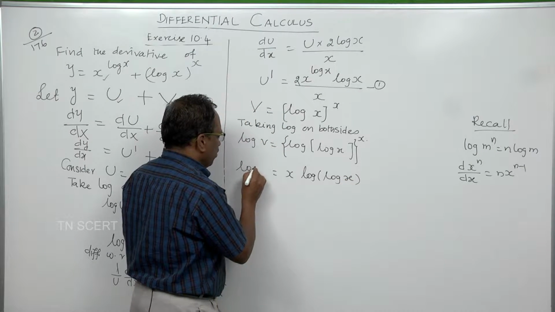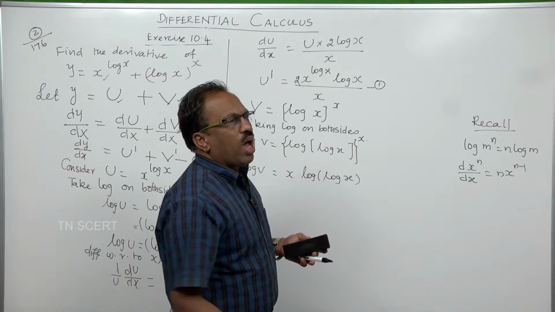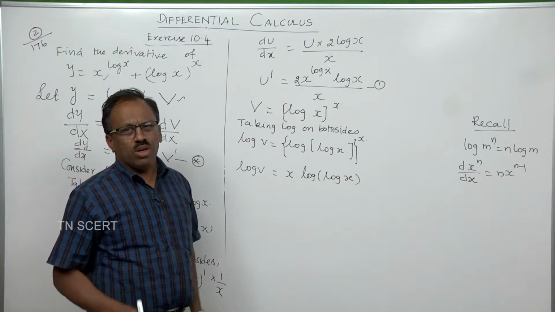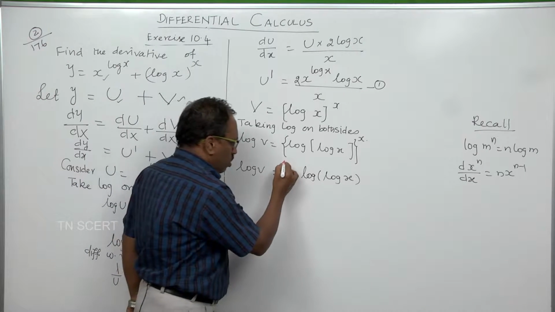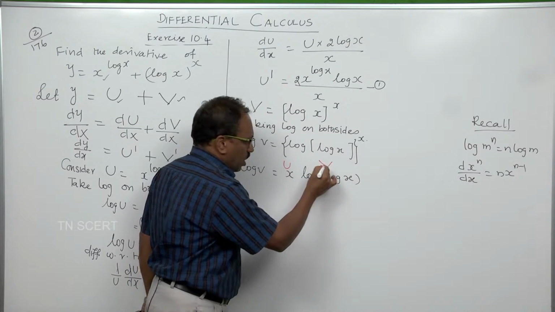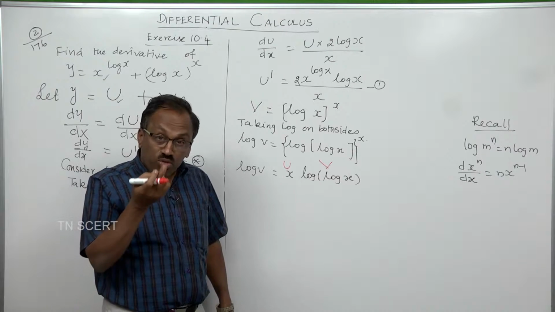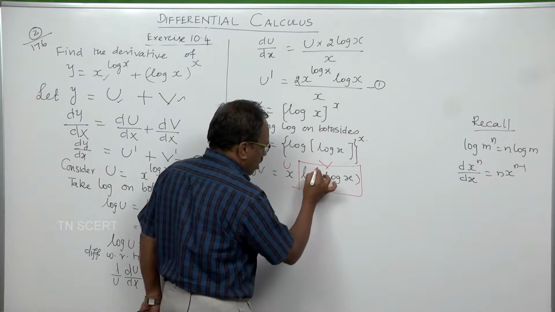Now log v. Students, here I am going to differentiate. Now how many functions are involved? This is something different. Here u, this is v. Once again, product rule. In v also there are two functions involved.